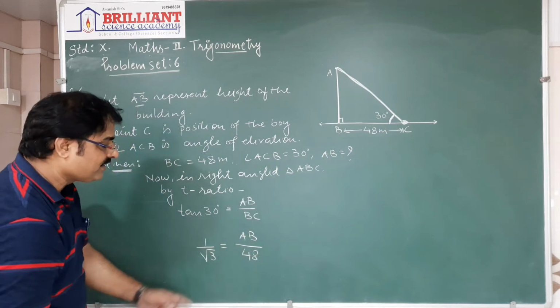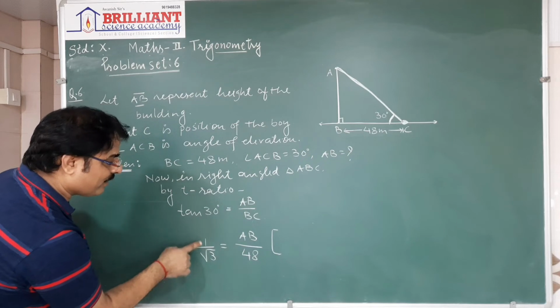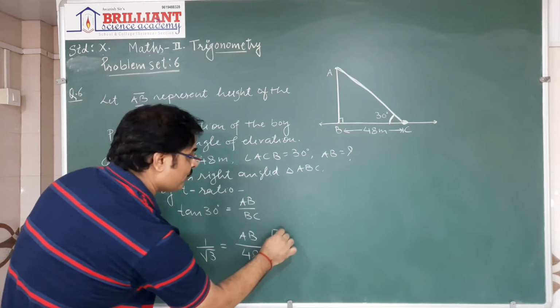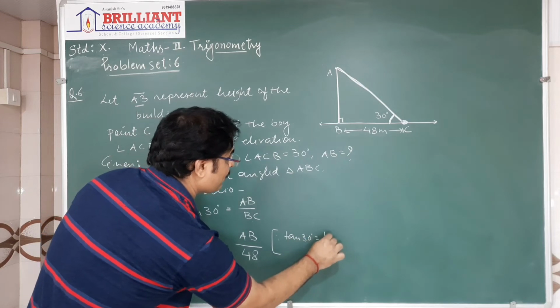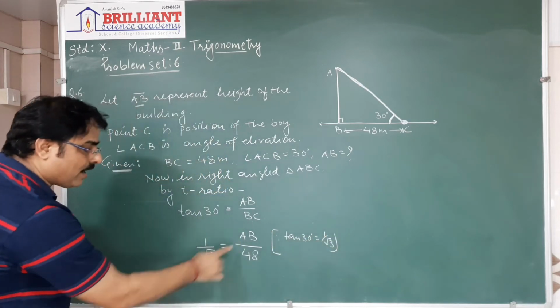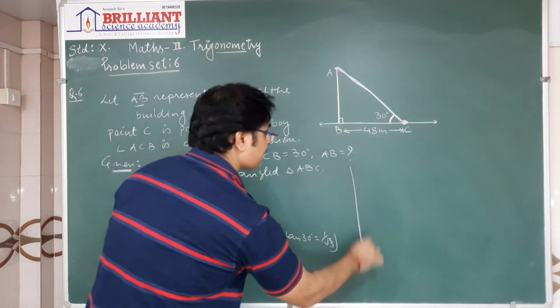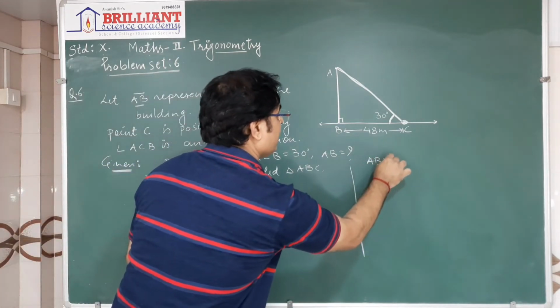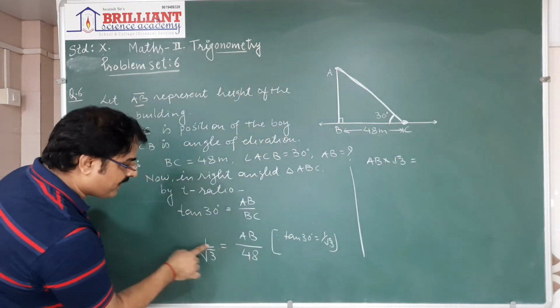Now from this relation, इसमें क्या यूज किया? tan 30 की वैल्यू क्या यूज किया? 1 by root 3. तो यहाँ हमको लिखना है this tan 30 degree is equals to 1 by root 3. Now by cross multiplication, AB into root 3 is equals to 48 into 1.